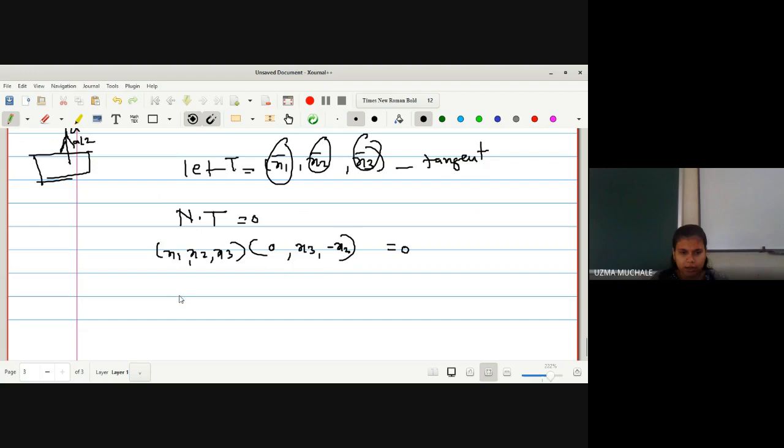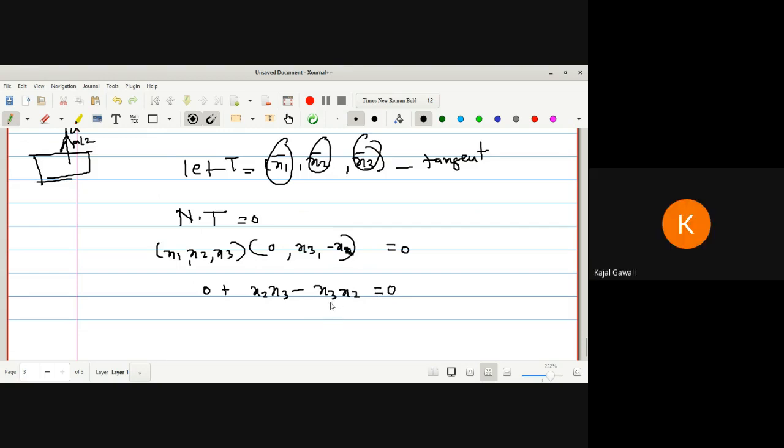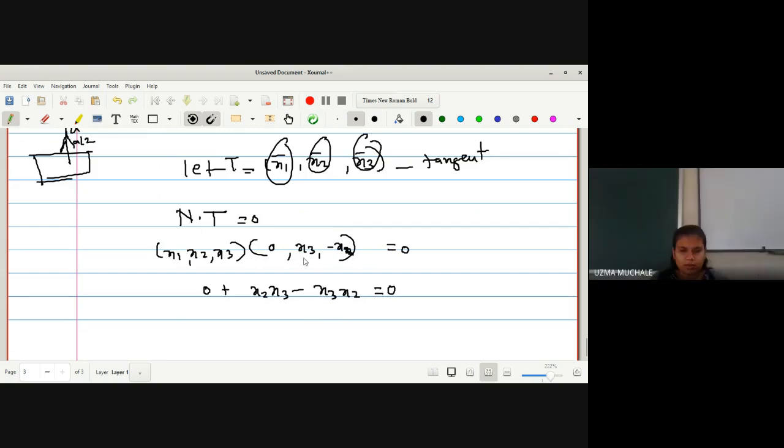So let us check the dot product. What is the dot product? It was x1 into 0, that is 0, plus x2 into x3 minus x, sorry, this should be x2 minus x3 x2. The dot product is equal to 0. Is the dot product 0? Yes, ma'am. No, ma'am. No?